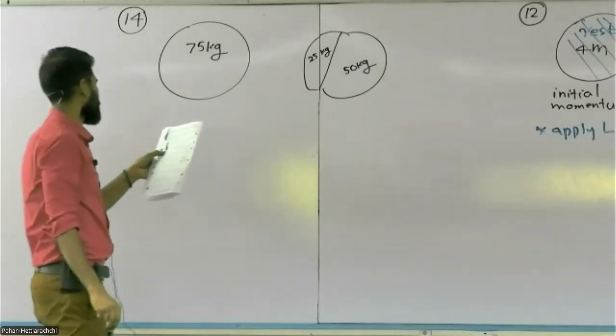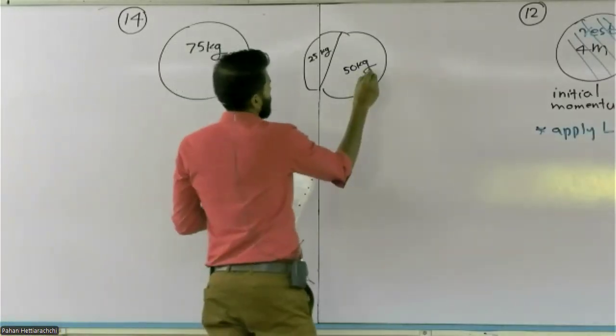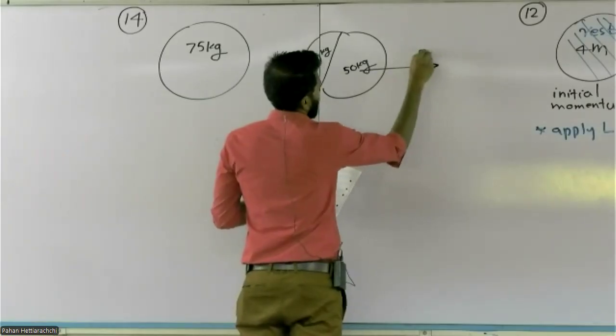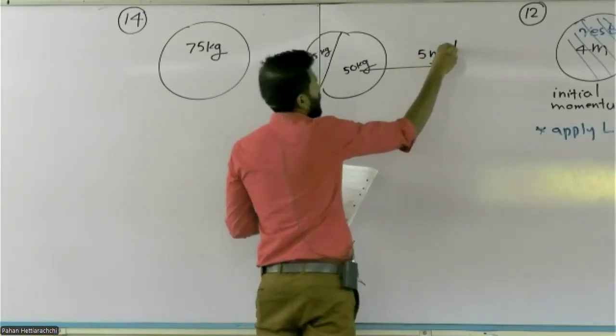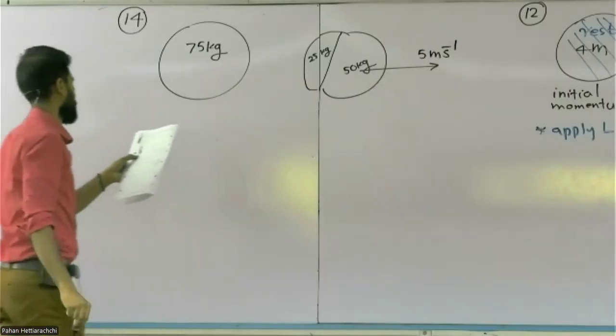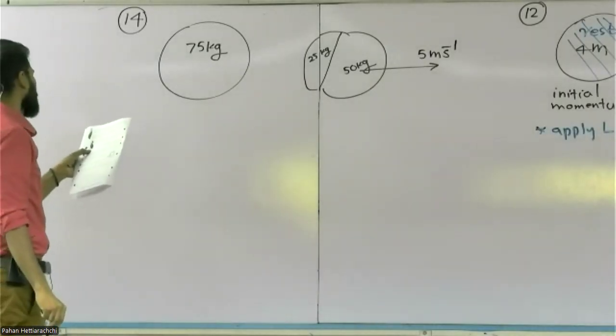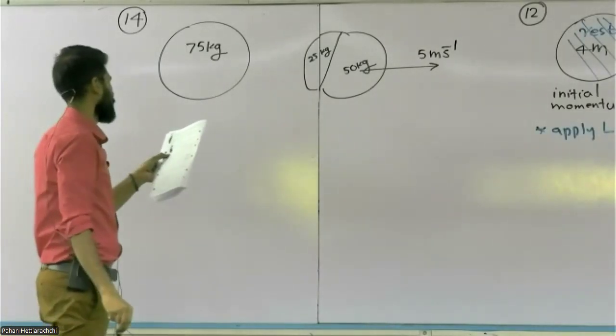If the 50 kg fragment moves at 5 meters per second in the forward direction, find the velocity of the 25 kg fragment.